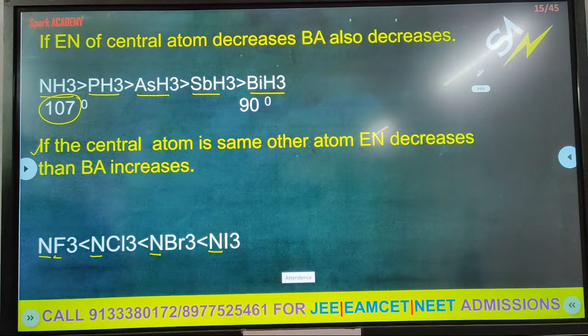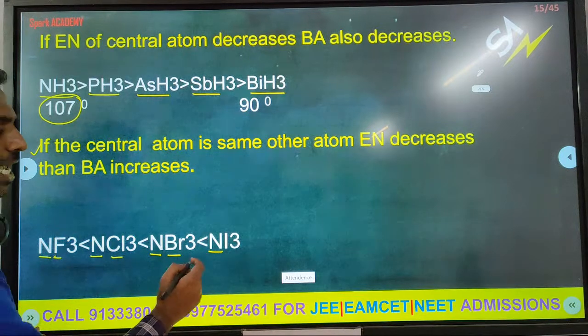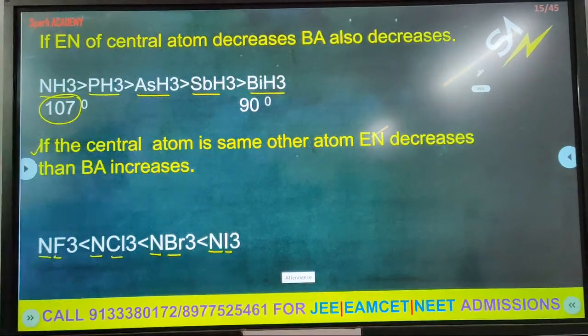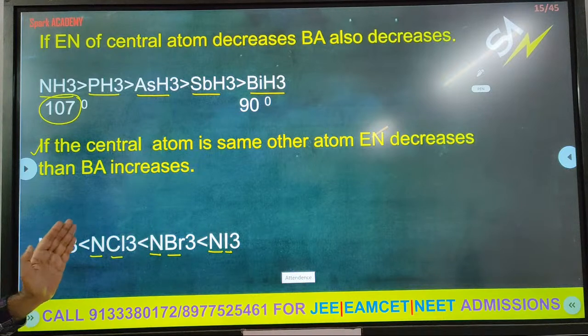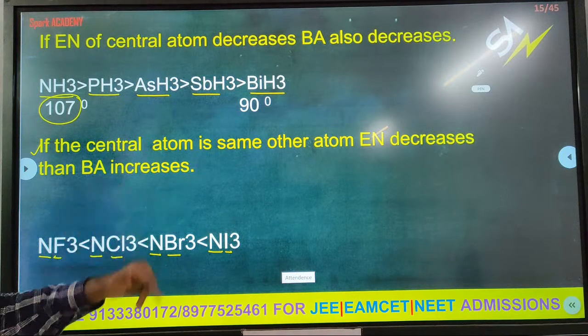Fluorine. In the second one? Chlorine. In the third one? Bromine. In the last one? Iodine. So here the central atom is the same, but the surrounding atoms are different: fluorine, chlorine, bromine, iodine.